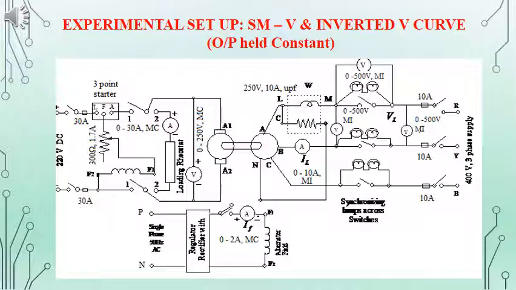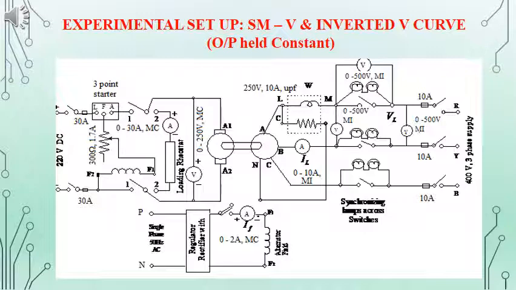The field current is adjusted using the field rheostat, and the machine is operated at a speed closer to synchronous speed. At that condition the field supply is given to the synchronous machine too, and it operates as a synchronous generator or alternator.